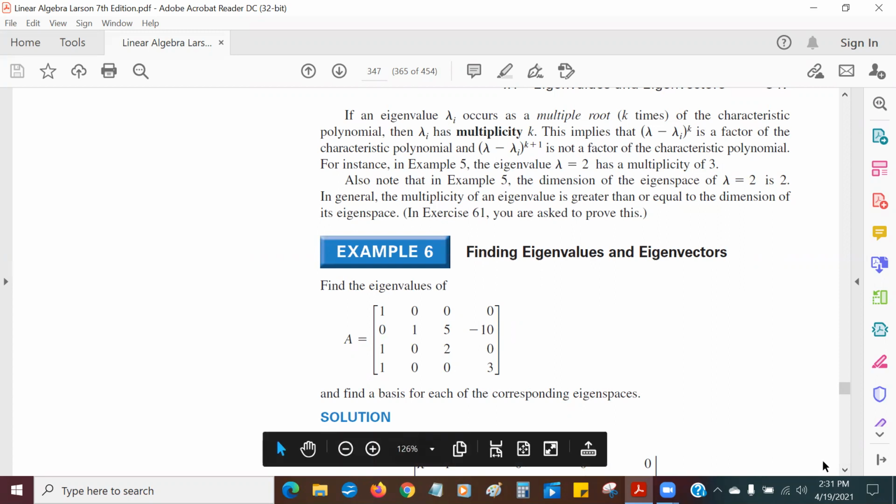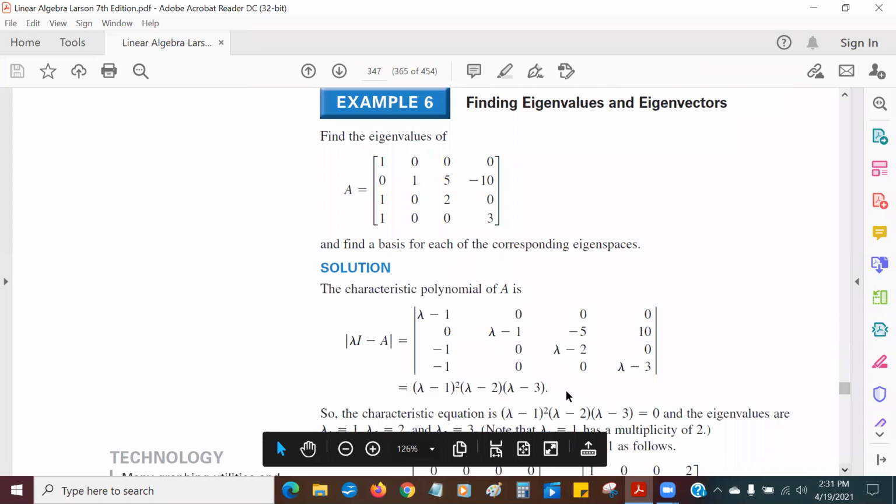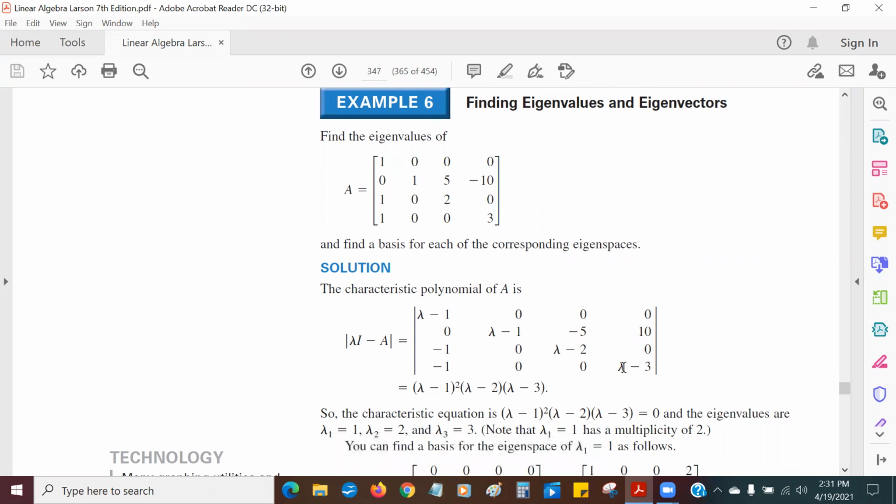So we want to do lambda I minus A. It comes out looking like this, because lambda I is, again, a matrix that has lambdas down the diagonal and everything else is 0. So everything on the diagonal becomes lambda minus that entry.